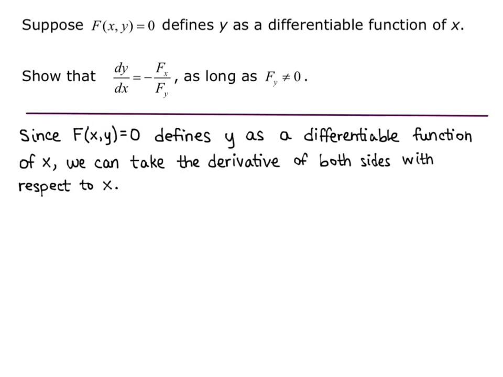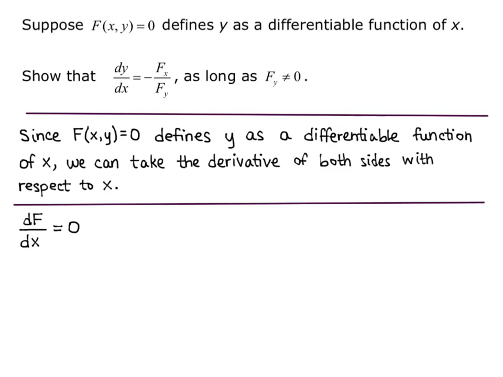Since f(x,y) equals 0 defines y as a differentiable function of x, we can take the derivative of both sides with respect to x. So we have df/dx equals 0.